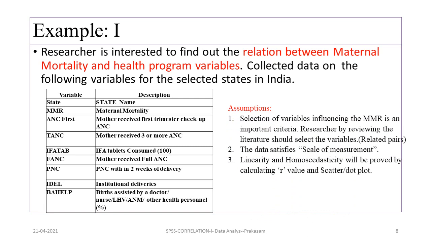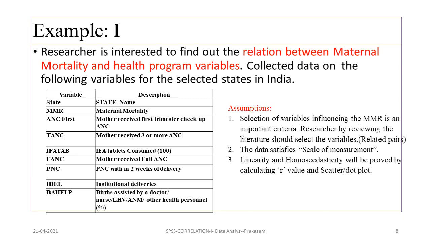The selection of variables influencing maternal mortality is an important criterion here. The researcher, by reviewing all the literature and with the background research information, should select the variables. Also, while selecting the variables, if he is selecting a particular state, then all the information should be related to that particular state.